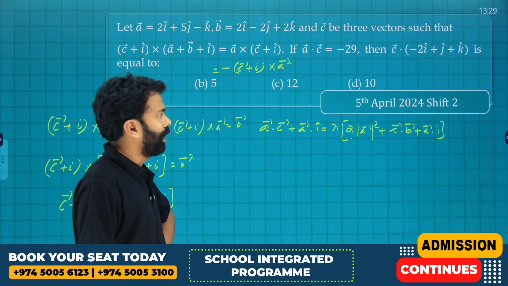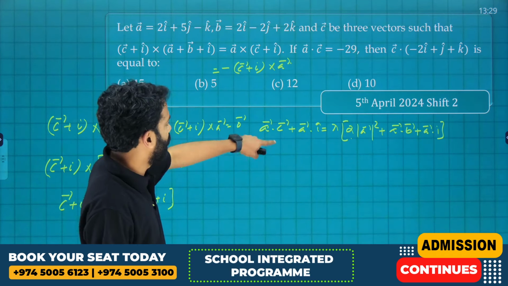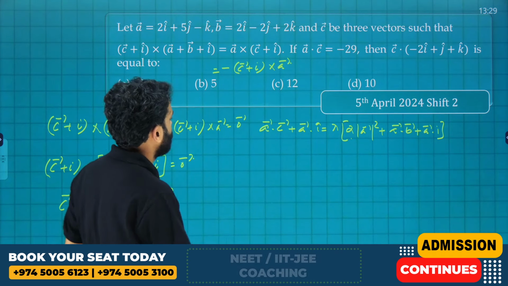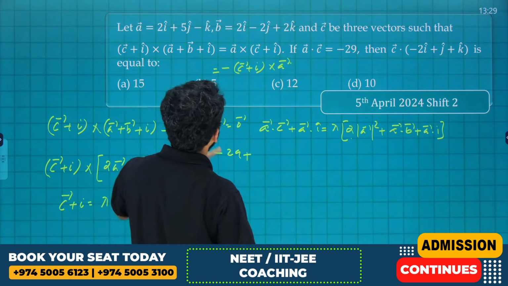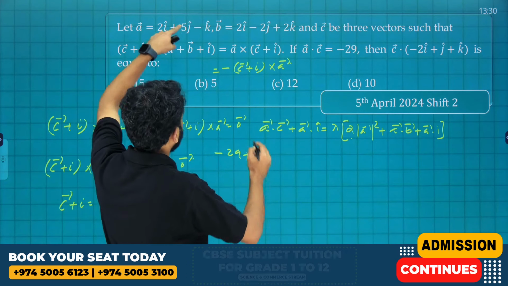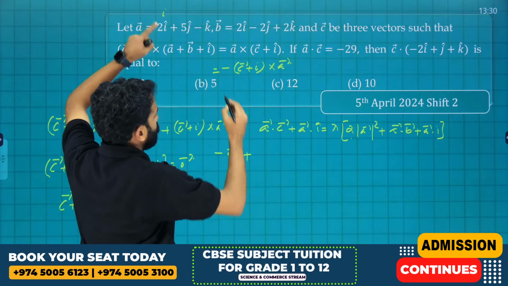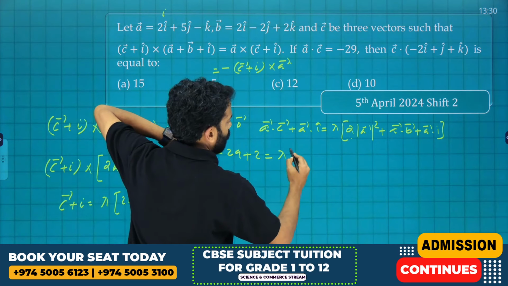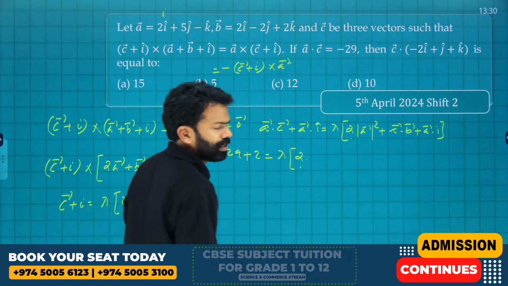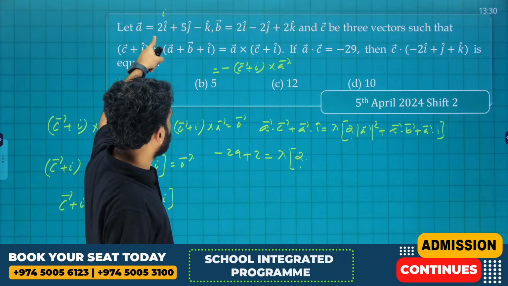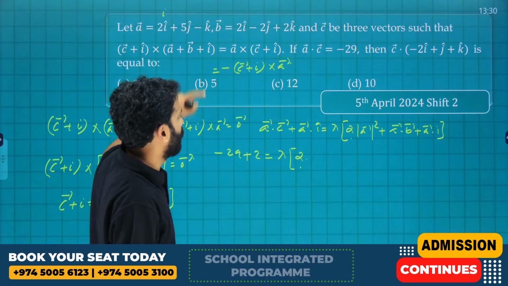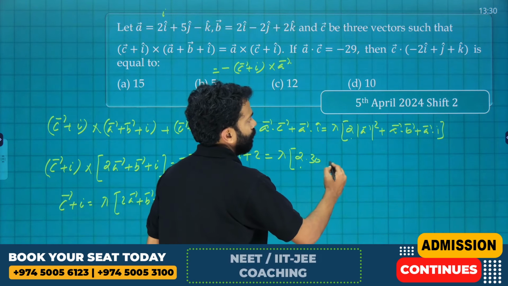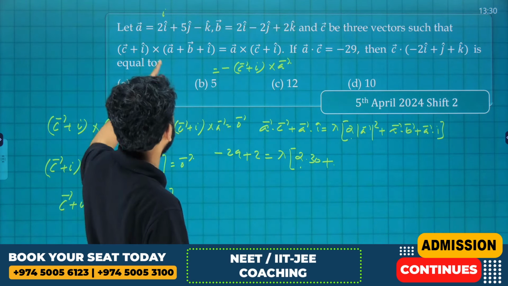And what is vector A dot vector C? That is minus 29. Minus 29 plus what is vector A dot I? A is 2i plus 5j minus k. Dot I is 2. That is 2 is equal to lambda into 2 into what is magnitude of A square? 2 square 4 plus 5 square 25, that is 30, into 30 plus what is vector A dot vector B?